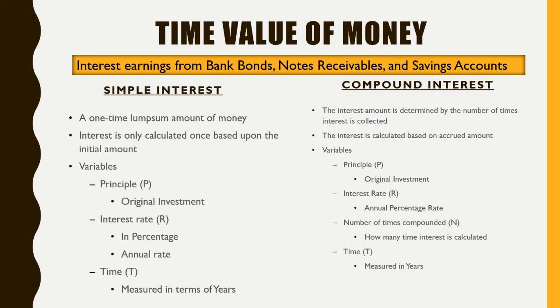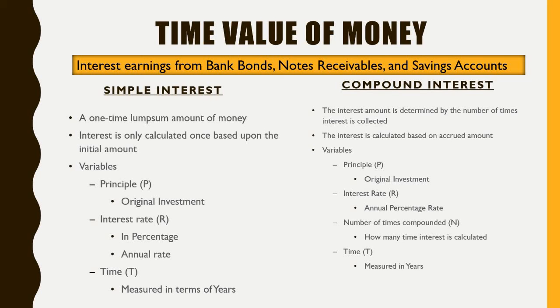And like I said, it's the most common one that you would normally see. All right. Same variables, except one thing is added. Again, you have the principal, which is your original investment. You have your interest rate, which is normally an annual rate, meaning it's for the whole year.